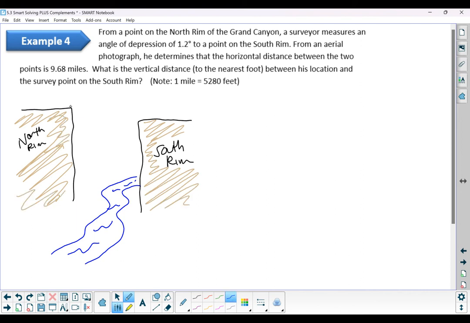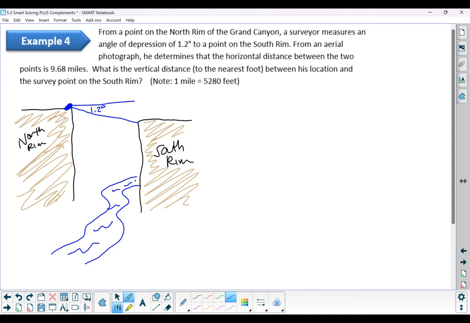Okay, so we've got a surveyor, and he is on the north rim. It says, from a point on the north rim of the Grand Canyon, a surveyor measures an angle of depression. An angle of depression is always that you're looking down. So he's looking down 1.2 degrees.